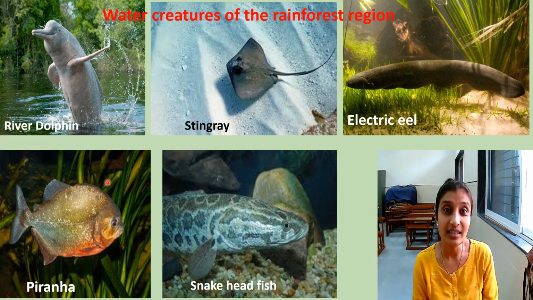These water creatures feed on the smaller fishes and insects in the water are also found in this forest. Children, though piranhas look small, they can kill with their sharp saw-like teeth. Electric eel. It can generate electric currents enough to shock a human being.